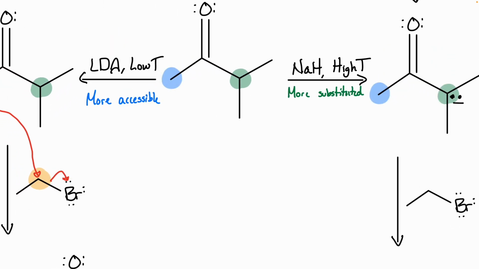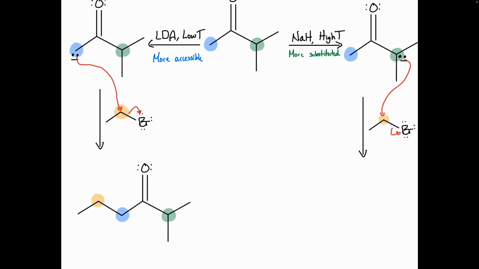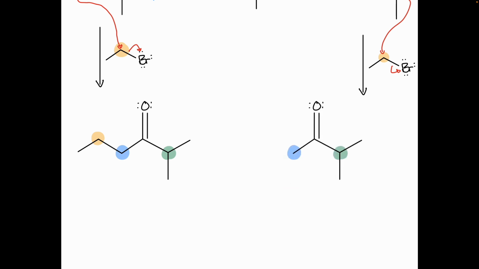So now, because I used that teeny base, my enolate ion didn't form on the left. It's formed on that more substituted carbon on the right. So that's going to be my nucleophile and kick off that good leaving group, that bromide. So again, I'm going to start by redrawing my nucleophile. And now from that green carbon, I have my new carbon-carbon bond. On the other side has to be my electrophile. And then I'm going to add on that second carbon from my electrophile.